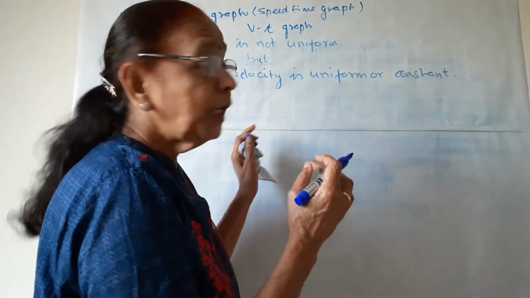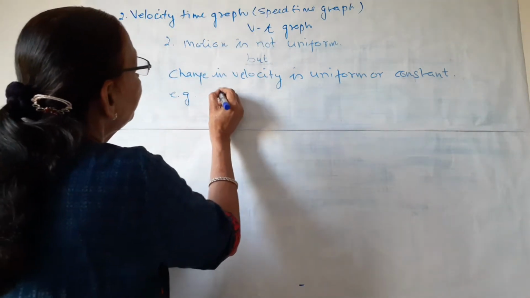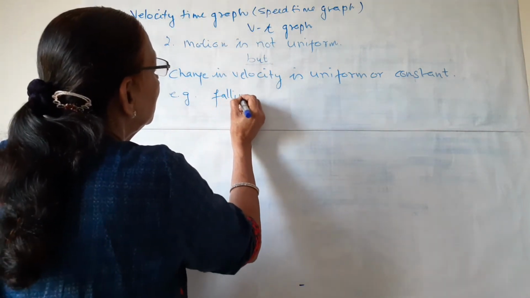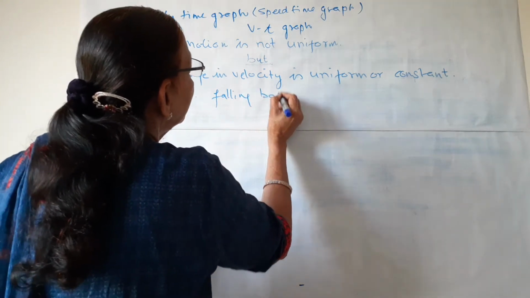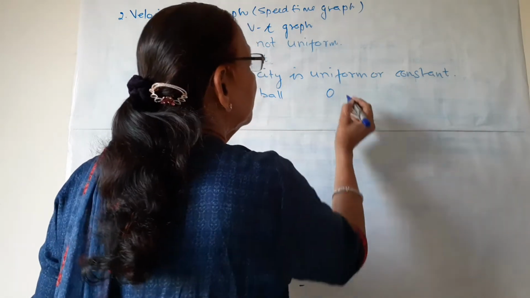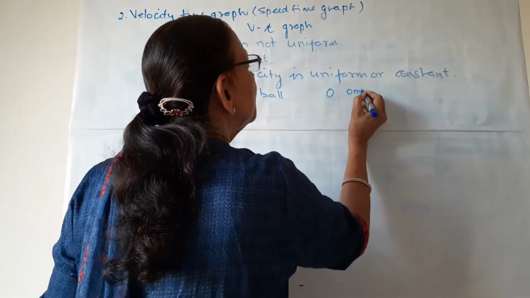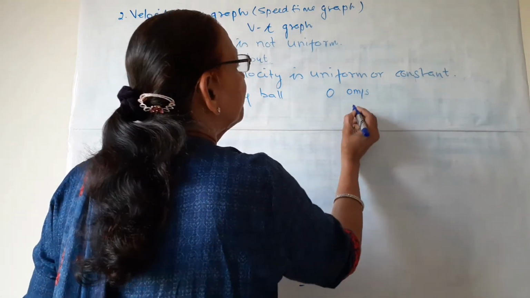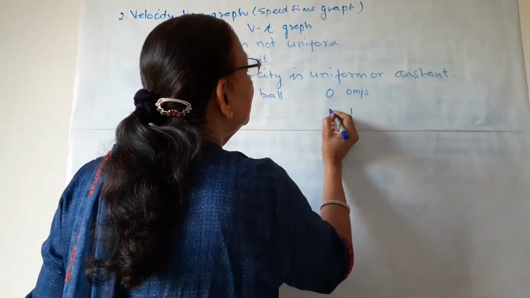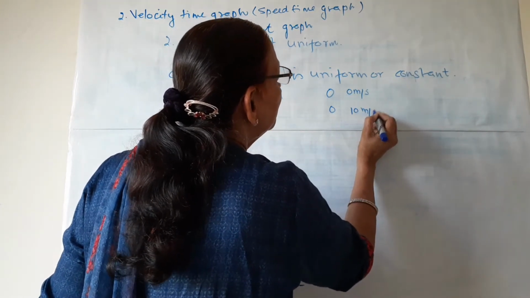We have done it before also, and the example is a falling ball. We have done it quite a number of times. This ball is falling. Initially its velocity is 0 meters per second. After 1 second, suppose its velocity is 10 meters per second.